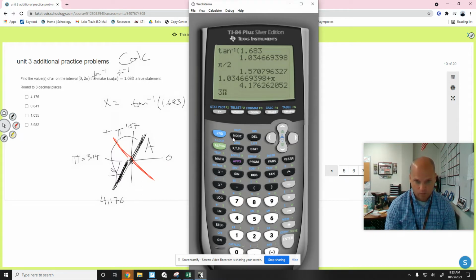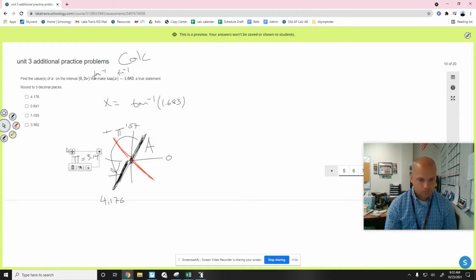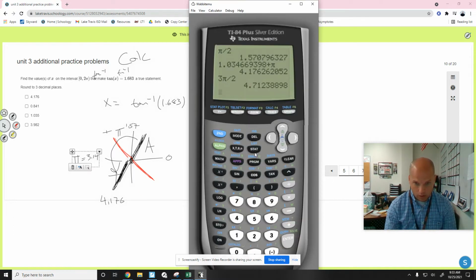I could double check, like what would be 3 pi over 2 as a decimal? 3 pi over 2 is 4.71. Okay, so yeah, I'm between 3.14 and 4.71, so that's good. Let's double check.